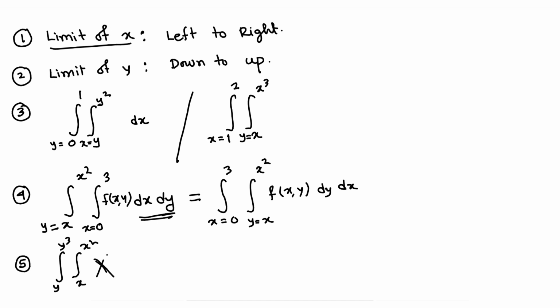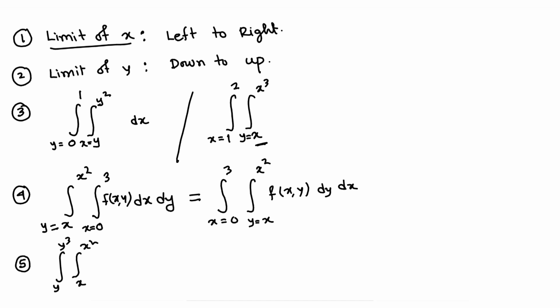So you have to remember some points. If the limit is a variable of x, that means it is the limit of y, and opposite. The second point is the variable limit will be your first integration, then the numerical limit. Okay, now let's solve some problems.